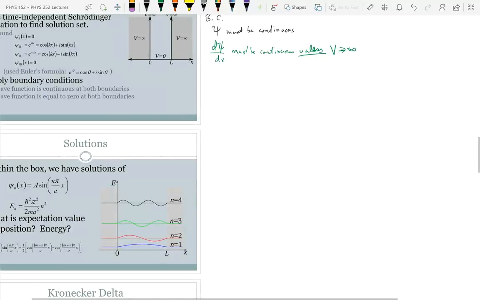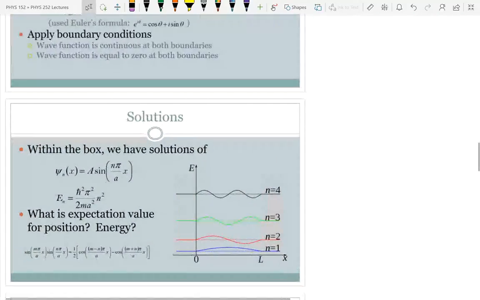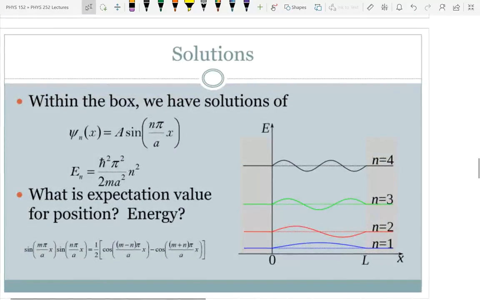Now let's do some interpretation. Looking at these wave functions, what does that tell you? Okay, the probability where you're more or less likely to find a particle.